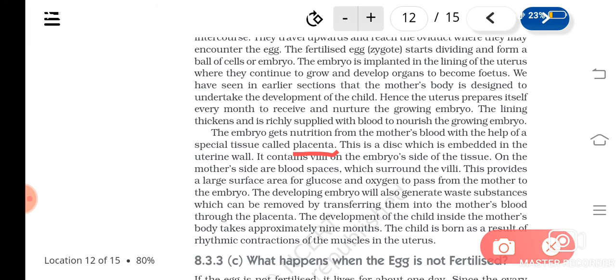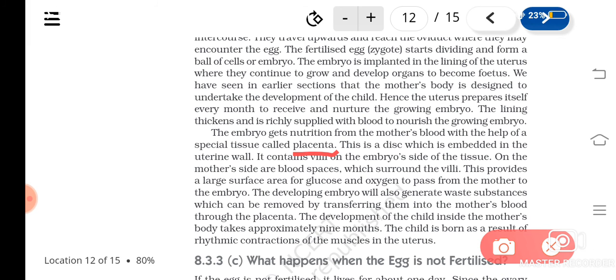Understood? Glucose and oxygen enter the baby's body, and it also takes the carbon dioxide produced from the baby to the outside. Understood? So how placenta helps in nourishing the baby, you understood now? And in addition to that, the developing baby also produces certain waste substances, right? So this also will be removed through placenta only.